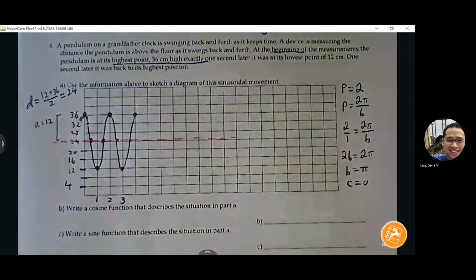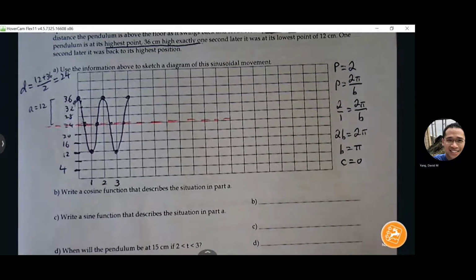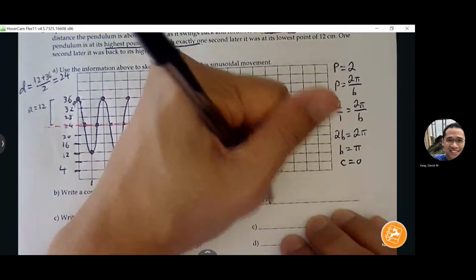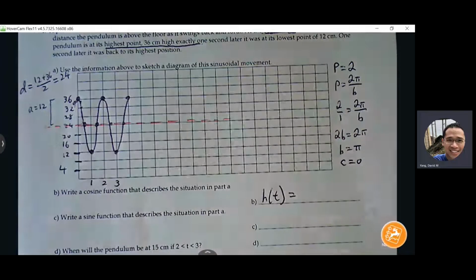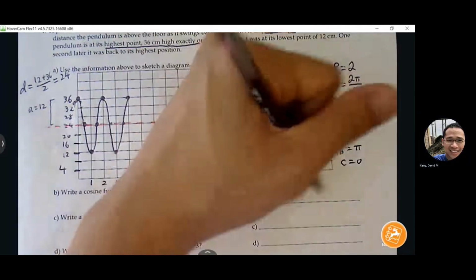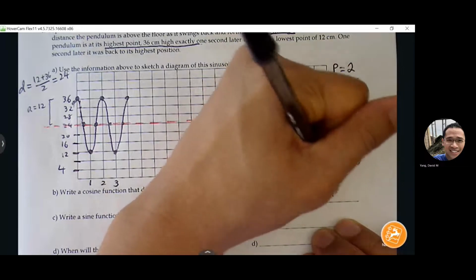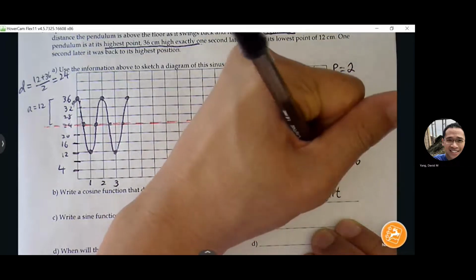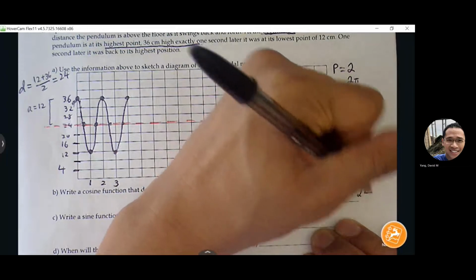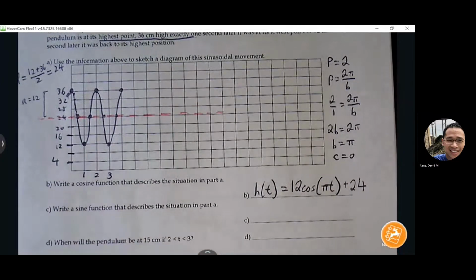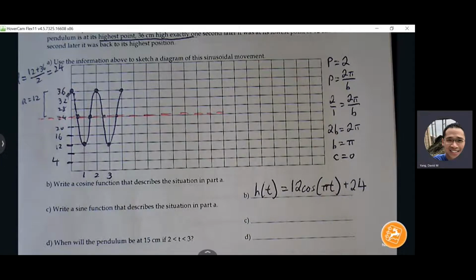Zero. No reflection. Any question with part A?